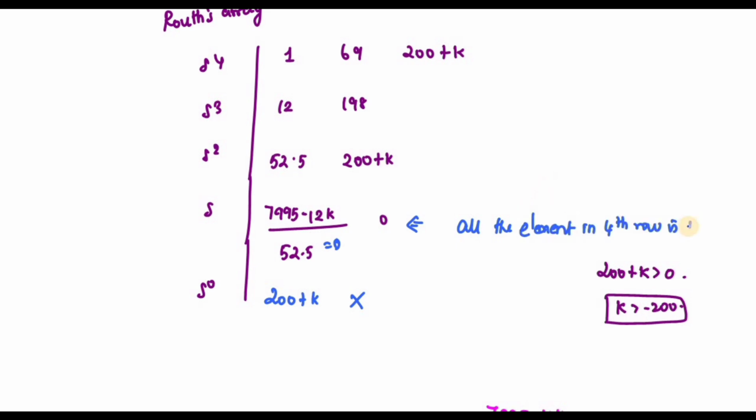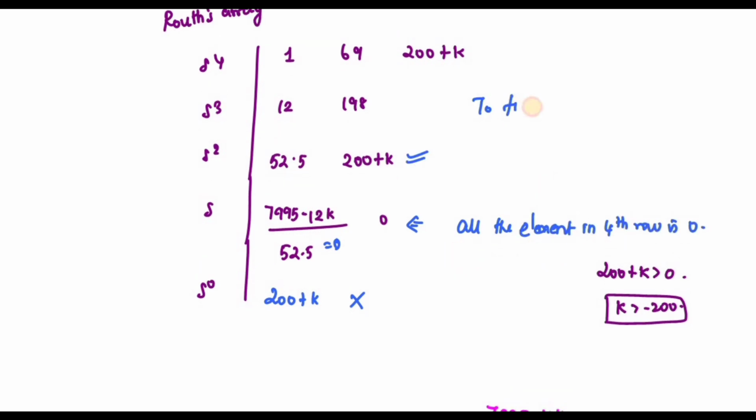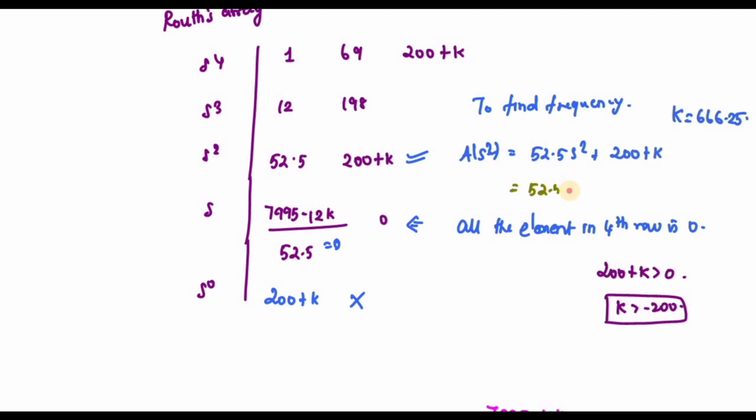In order to find the frequency, I'm going to take the s square row, the auxiliary equation. So 52.5 s square plus 200 plus K must be equal to 0, and the K value I have already told you is 666.25. Substituting that value, you will get 52.5 s square plus 866.25.